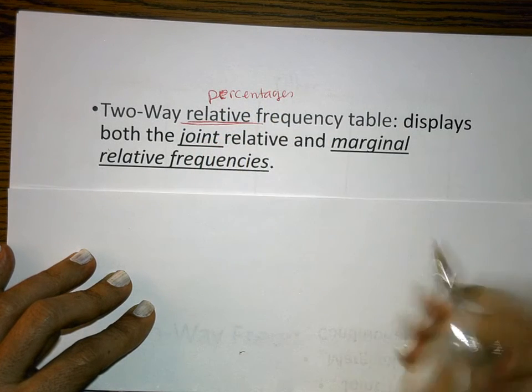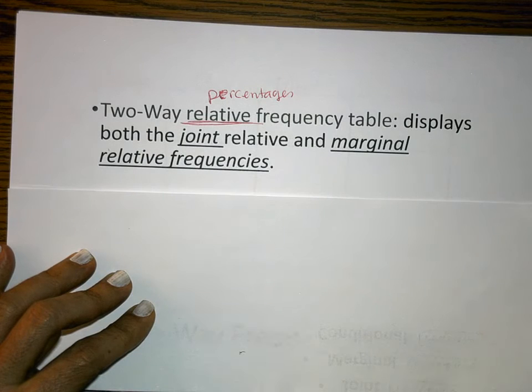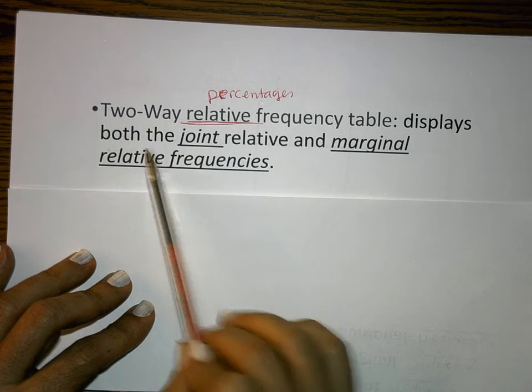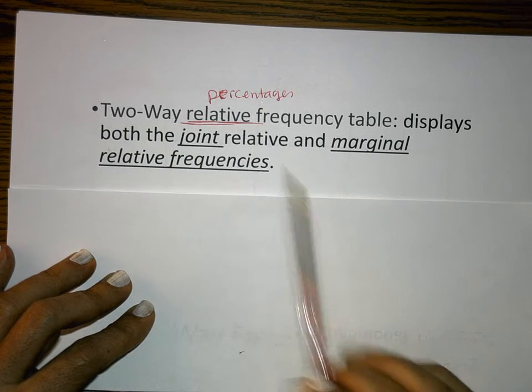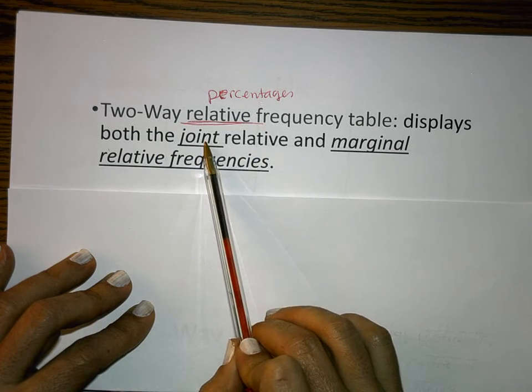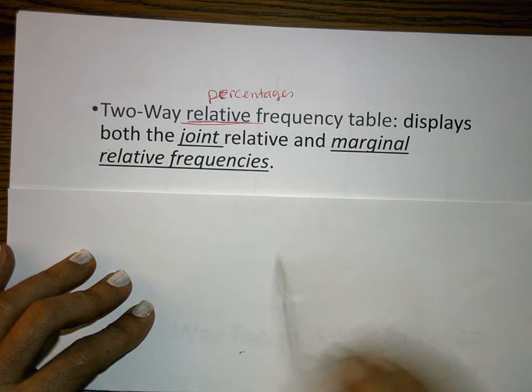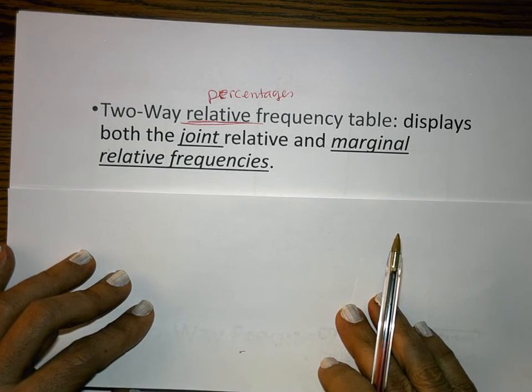Instead of a two-way frequency table, like we saw a second ago, we're going to do a two-way percentage table. It displays everything in percentages, the joint relative, the marginal relative, everything in percentage, okay?